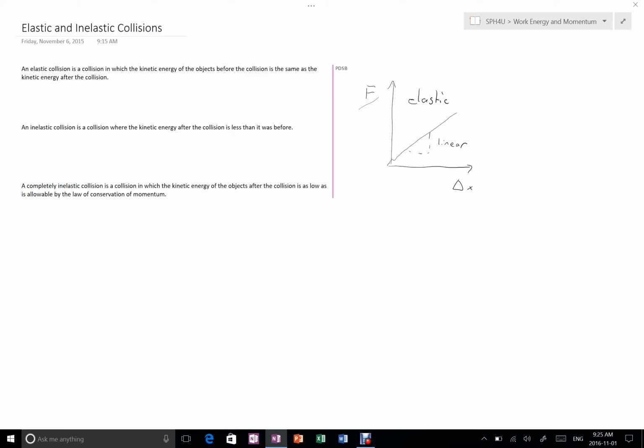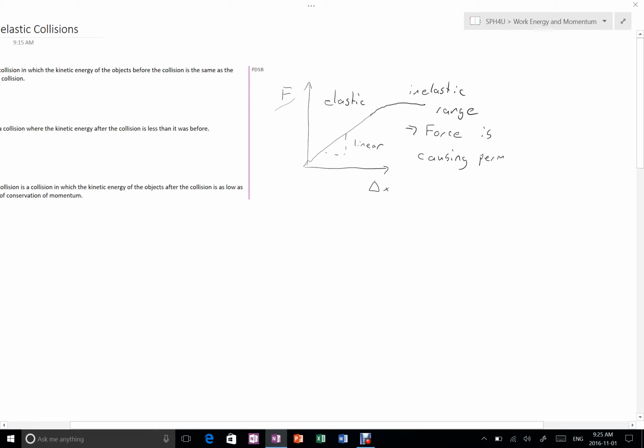On the other hand, if we go into the inelastic range, this is the range in which the force is causing permanent deformation of the objects.